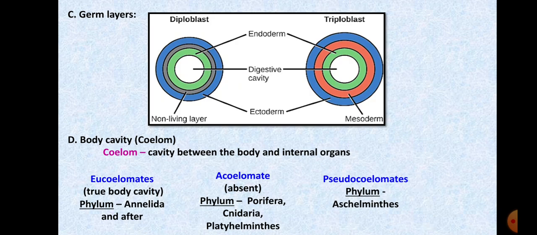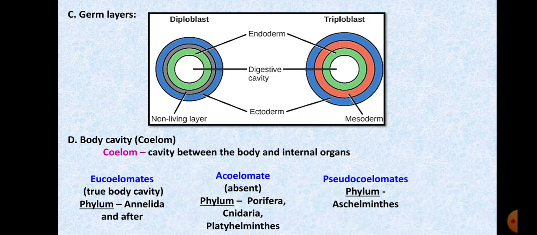Whereas in many cases, such as phylum Aschelminthes, they will have a body cavity, but it is not formed in either of the ways given before, eucoelomate or acoelomate, right? So these animals are called pseudocoelomate.